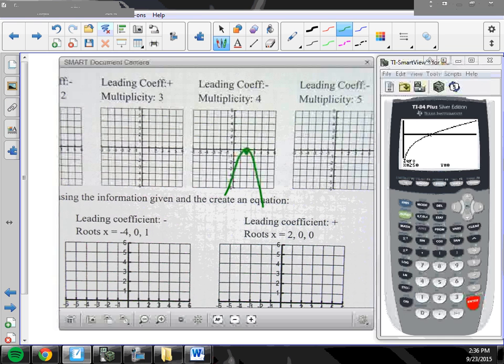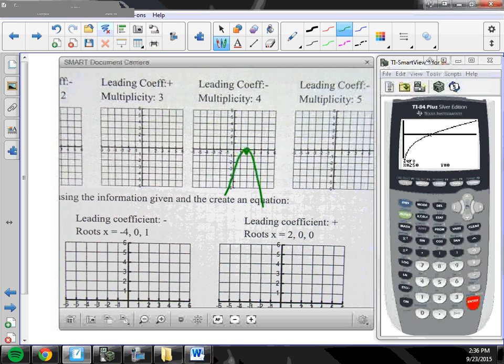The receptor is aimed in, so the stuff comes in, hits the dish, and goes back, and it all focuses on that one spot. And only an x-squared graph has that geometric property. An x to the 4th will reflect stuff, but it's not going to hit. It'll just kind of scatter it. It doesn't reflect to a single point.